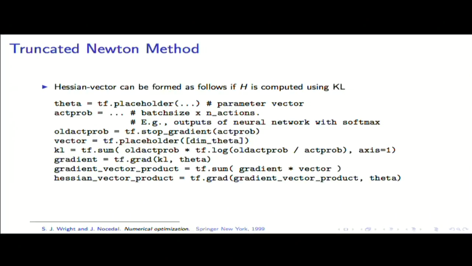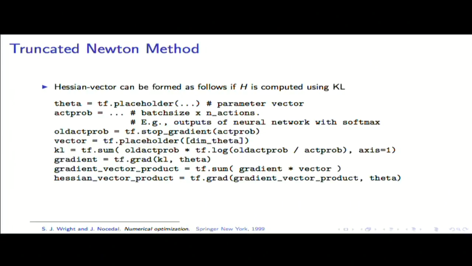Let's say we have a network, and theta is the parameters of our policy. Let's say theta is all the flattened weights and biases of a neural network, and then we're going to reshape and slice it to put it into our neural network.